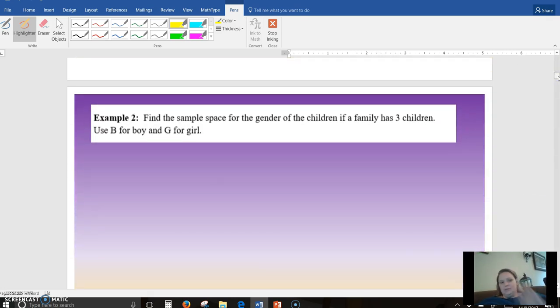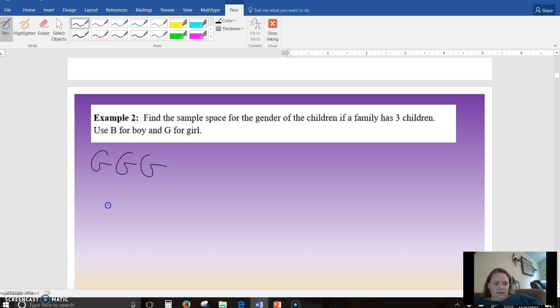All right, so for example, here's one. We want the sample space for the gender for a family that has 3 kids. And so we want to see the sample spaces of all the different probabilities. And we're going to use B for boy, G for girl. All right, so you can have all girls. You could have all boys.